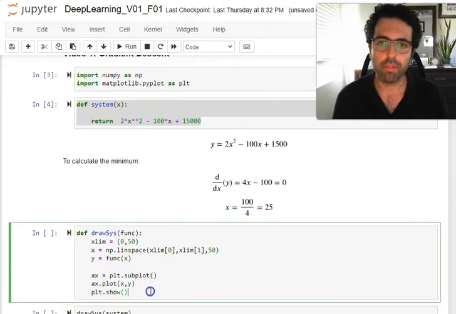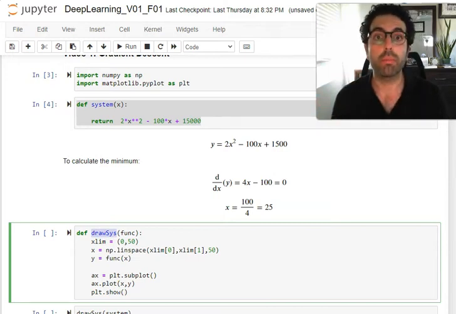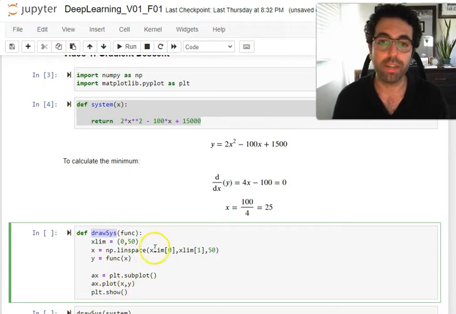First off, we're creating a function that draws our system to show us what it looks like, based on different values of x, from 0 to 50. It gets a function as an input, calculates the y's based on that input function, and then plots it and shows the plot.